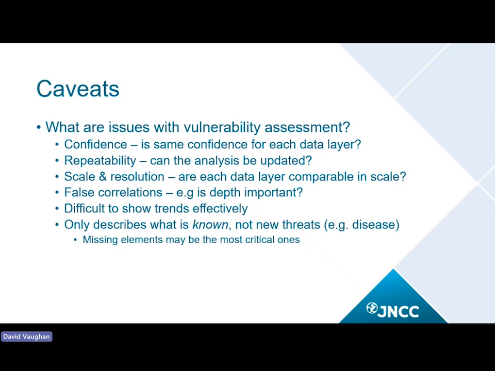Looking at a new disease will be a good example. Until it's mapped, you can't use it as a pressure, and you won't necessarily know that all your habitats are being affected by a disease unless you've got in situ monitoring. So the vulnerability assessment won't cover you for that.